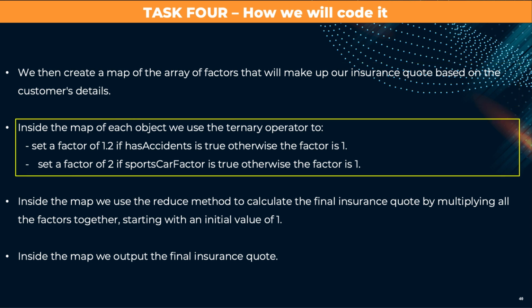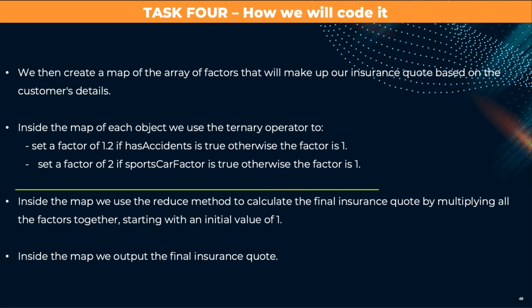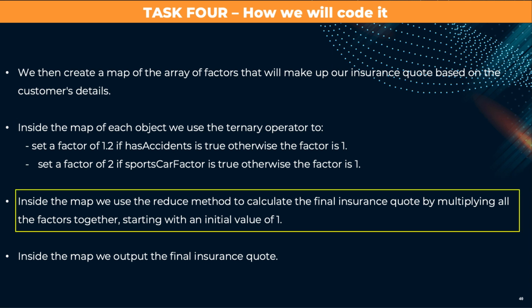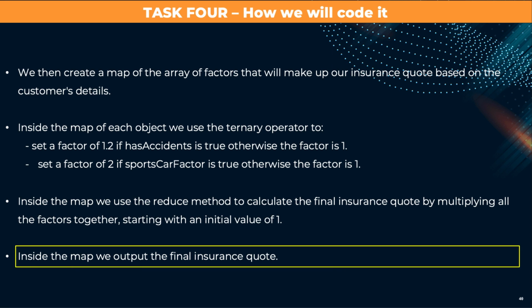Inside the map, we use our ternary to set the 1.2 factor for has accidents, or just leave it as 1. And we set a factor of 2 for a sports car, or we leave it as 1. Inside the map, we use the reduce method to find the insurance quote for each object. And then we will print out the final insurance quote for each of the 3 objects.